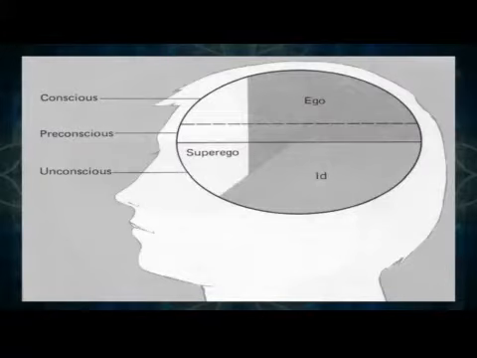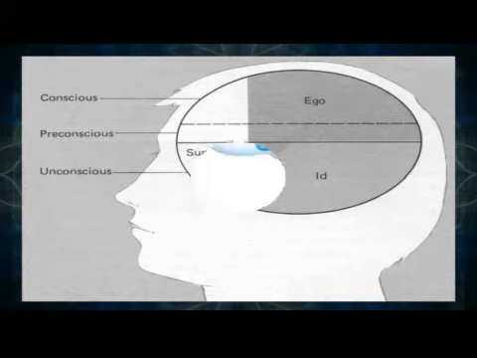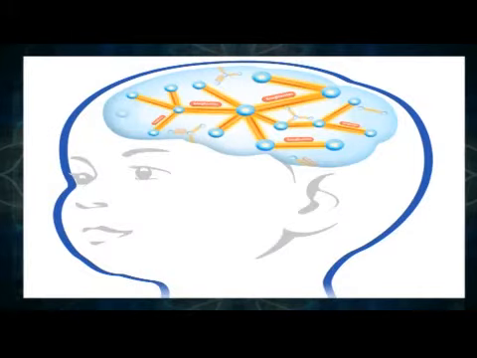Freud believes that we all have conscious, preconscious and unconscious levels. The conscious level makes us aware of our mental process. The preconscious involves information that, though not available now, can be brought into consciousness. The unconscious includes mental processes we are unaware of.